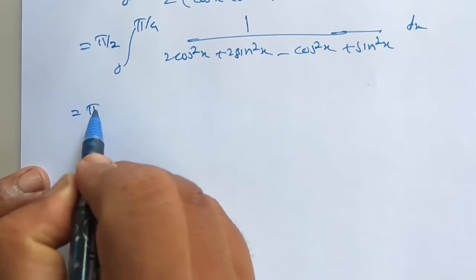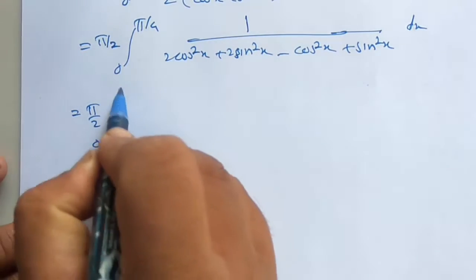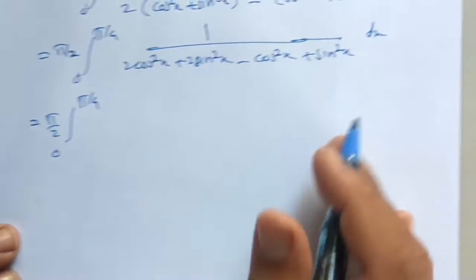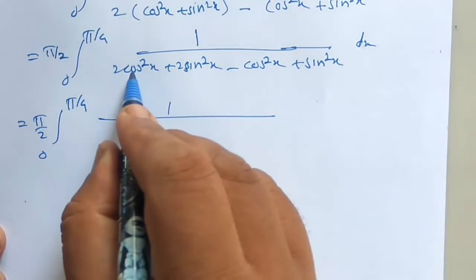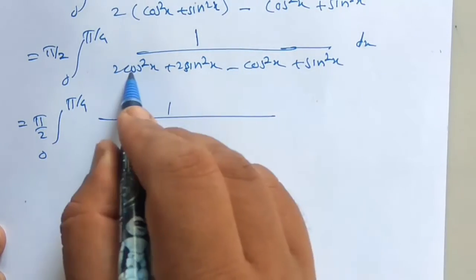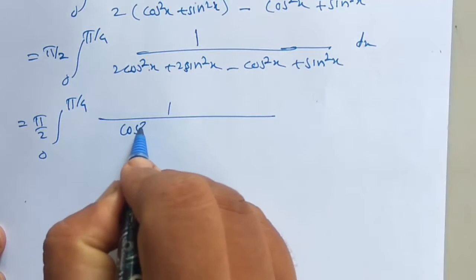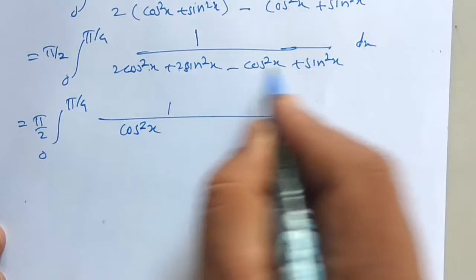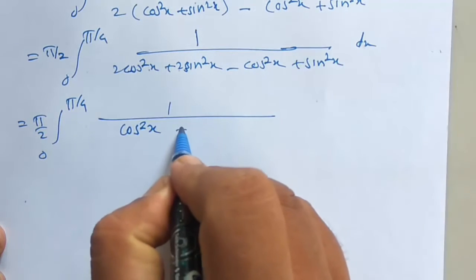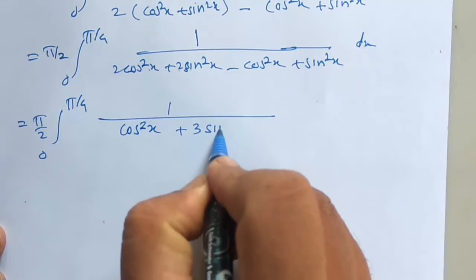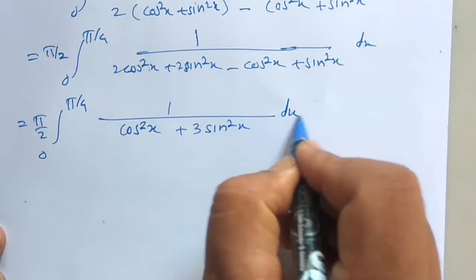So this is equal to pi by 2, 0 to pi by 4, 1 upon, here 2 cos square x minus cos square x becomes cos square x, and 2 sin square x plus sin square x becomes 3 sin square x, dx.